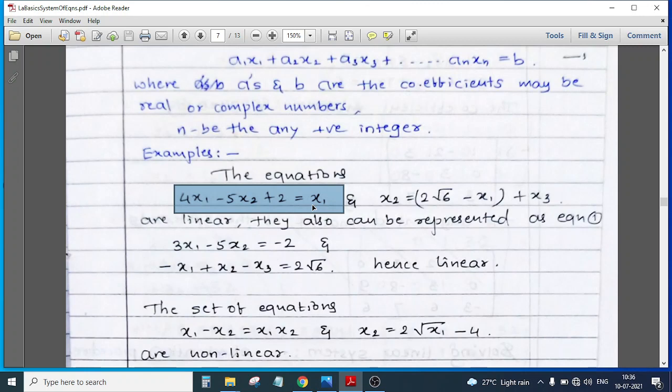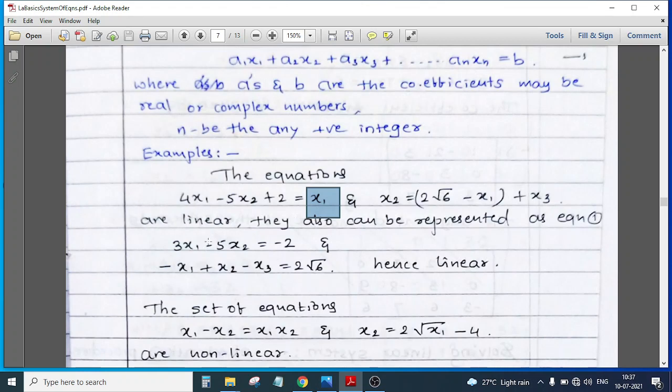That means we should be able to get all our x terms with their coefficients on one hand side, it could be your LHS, and all our constants on the other hand side. So I need to just shuffle it out. I need to take this 2 to the other hand side, that is the RHS, thereby it becomes a minus 2. And this x1 which is there on the RHS, I will be taking on the LHS.